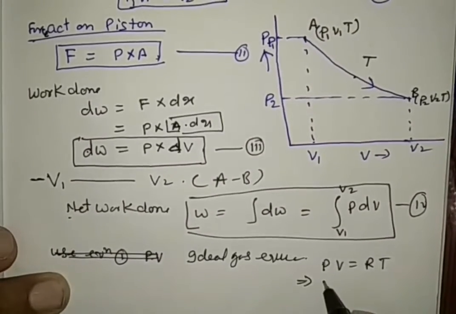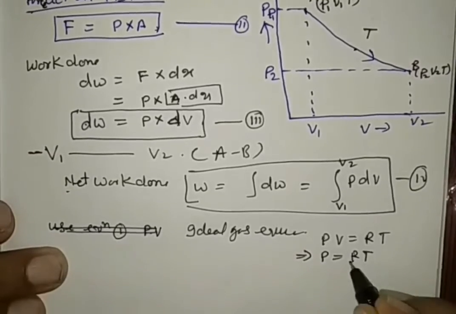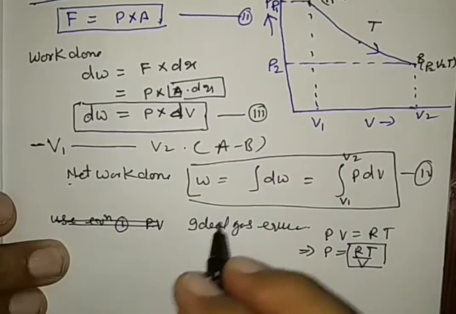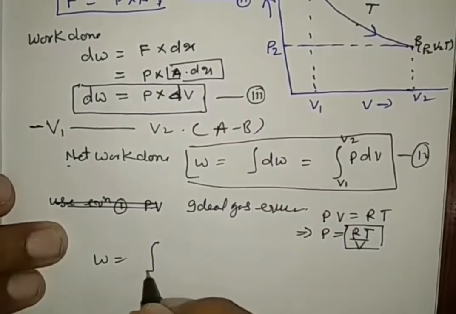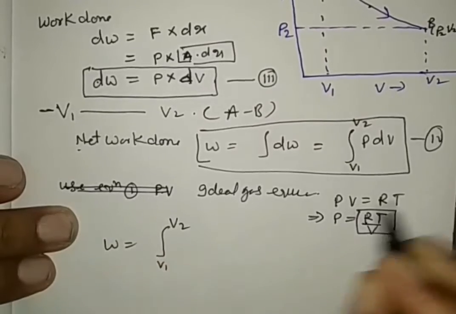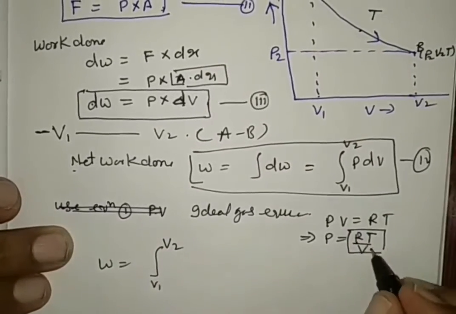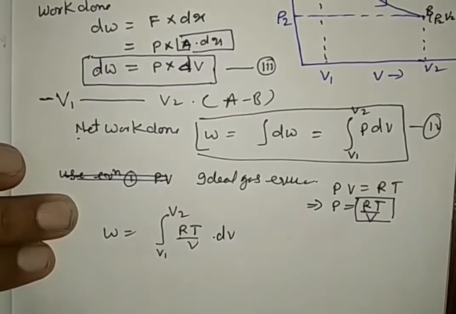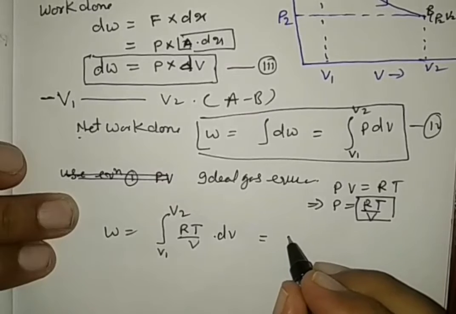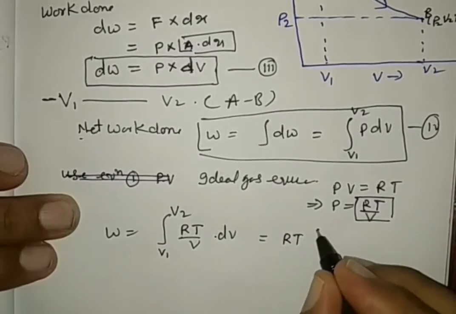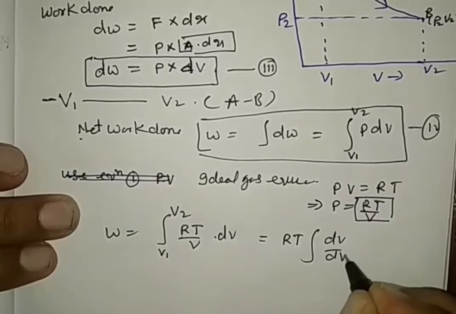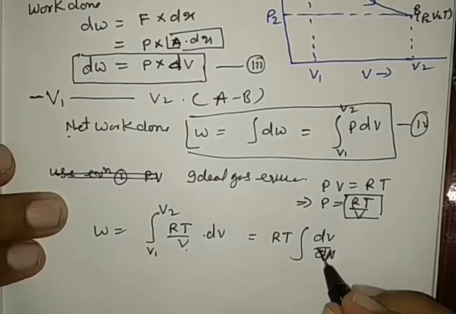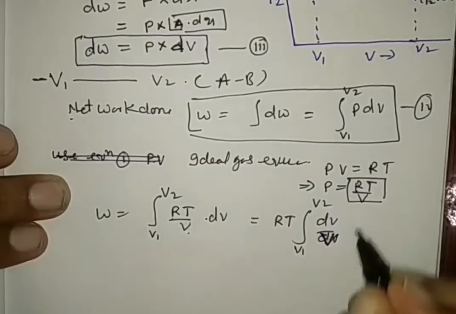This implies that pressure can be replaced by RT by V. So the above equation 4 can be written as W is equal to integral from V1 to V2, where P is replaced by RT by V, dV, or RT dV by V, from V1 to V2.